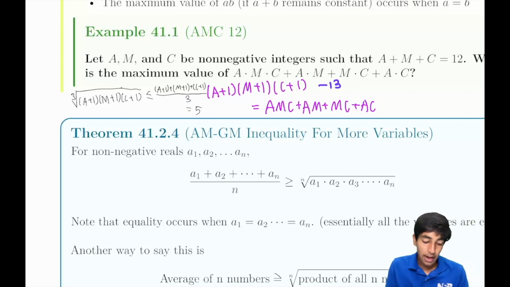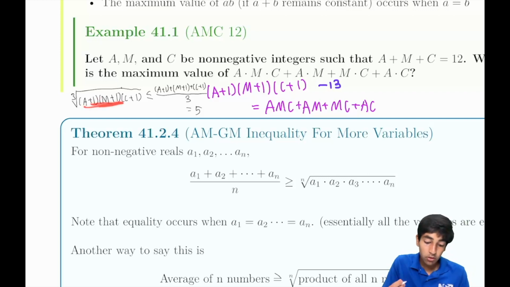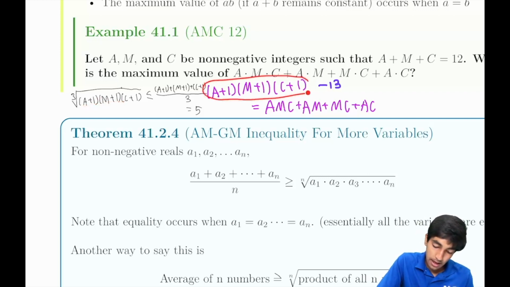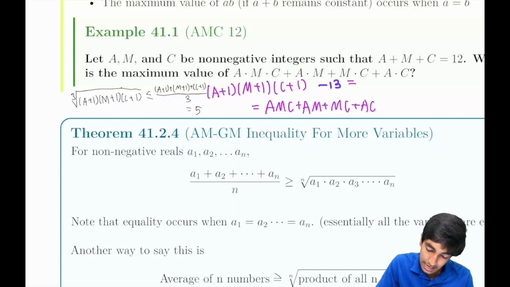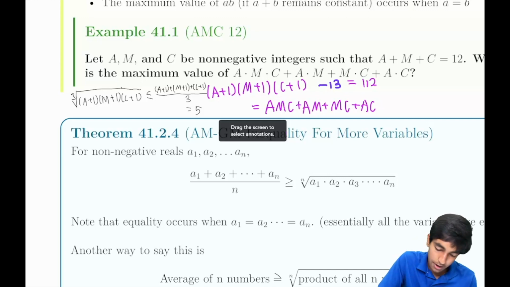So we cube both sides, we get that this thingy is less than or equal to 125. So this quantity has a maximum of 125. And therefore, the maximum of AMC plus AM plus MC plus AC is 112, because this thingy had a maximum of 5 cubed, and we subtracted 13 to get 112.